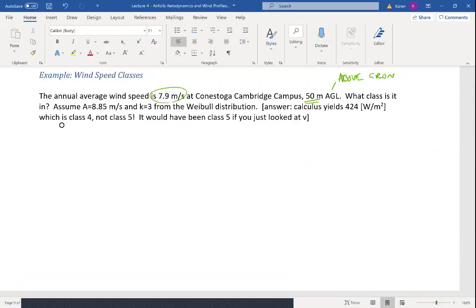So 50 meters above ground level. So what class is it in?